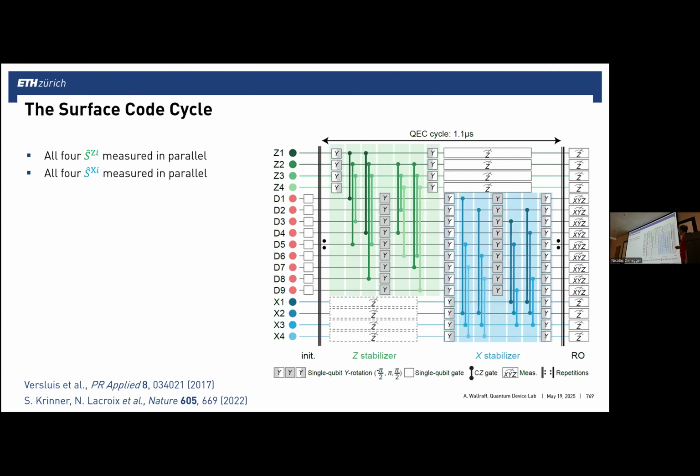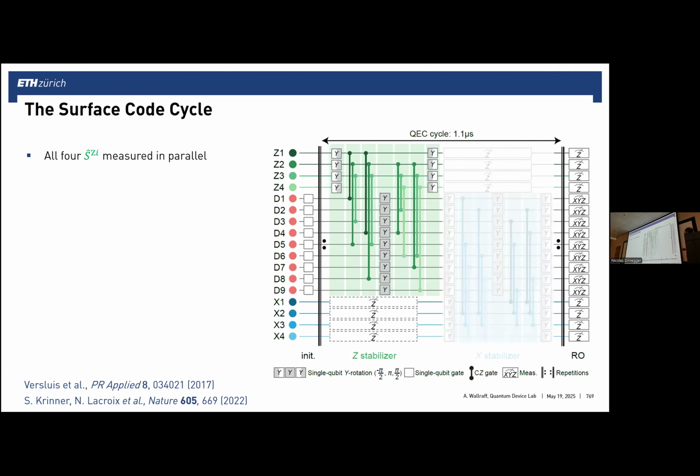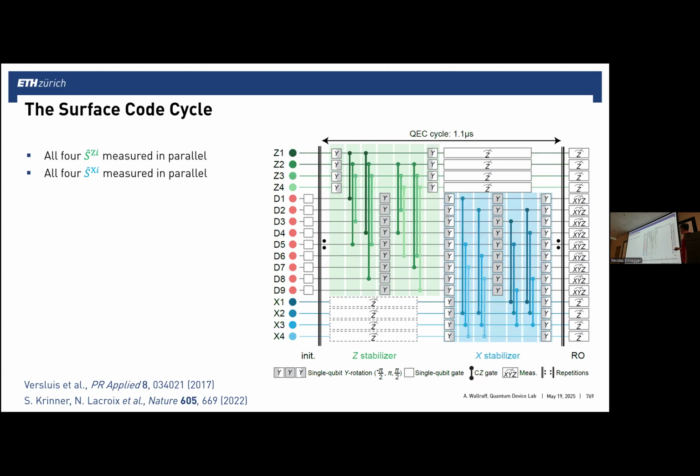Okay, so here's the gate sequence. There are 17 qubits, 9 data qubits, 8 auxiliary qubits. In our gate sequence, we ran the 4 Z stabilizers first, and then the 4 X stabilizers second. Maybe a special aspect of our experiment was that after the coherent part of the stabilizers executed on one type of stabilizers, we read out those auxiliary qubits, and we do the reverse with the other auxiliary qubits.